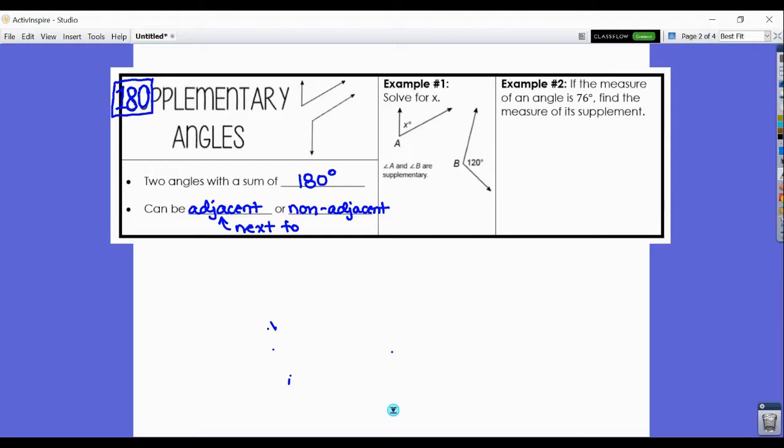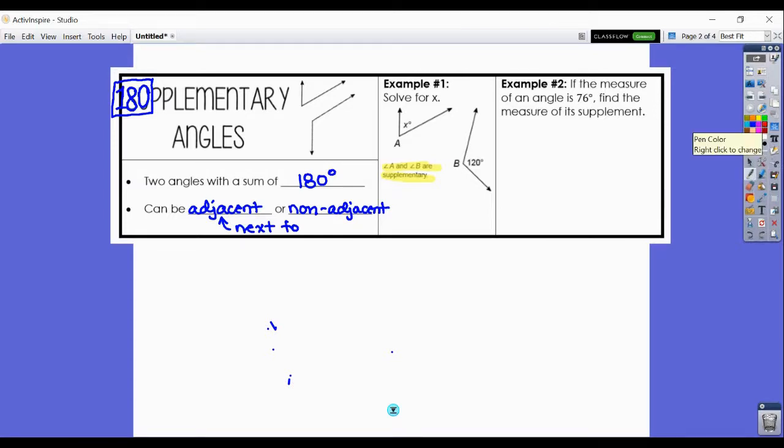Example number 1, we want to solve for x. So we have the information we are given. Let's highlight that angle A and angle B are supplementary. That is given to us. We know they add up to 180. We go ahead and set up a little equation.